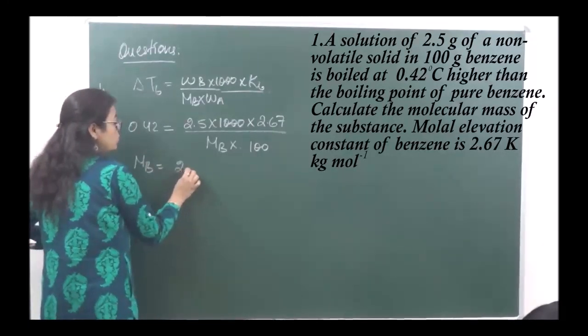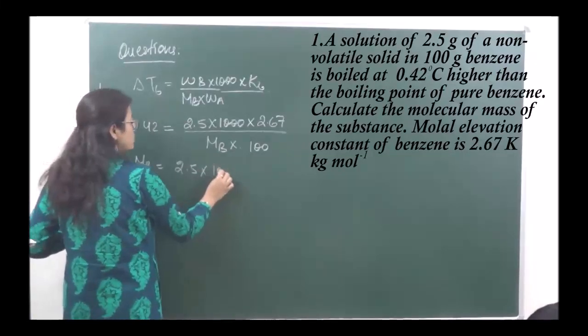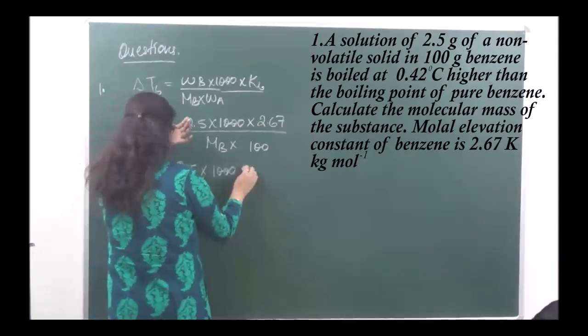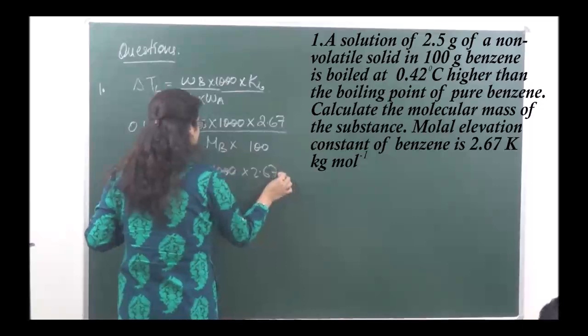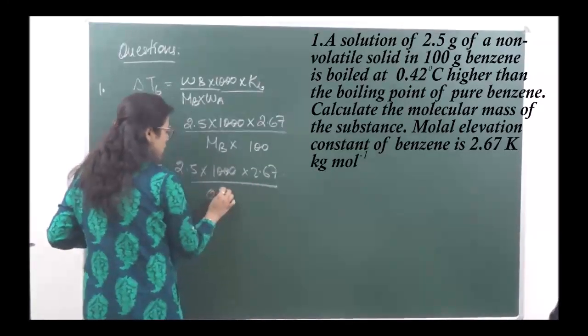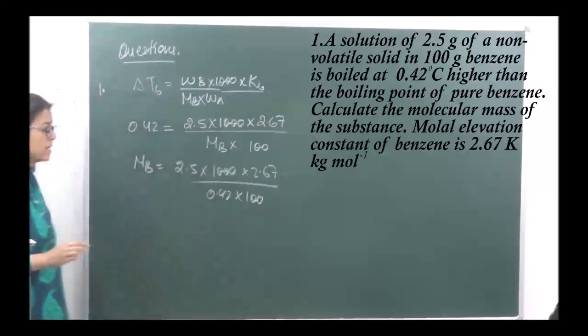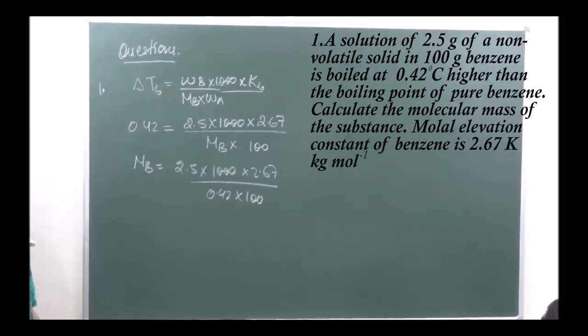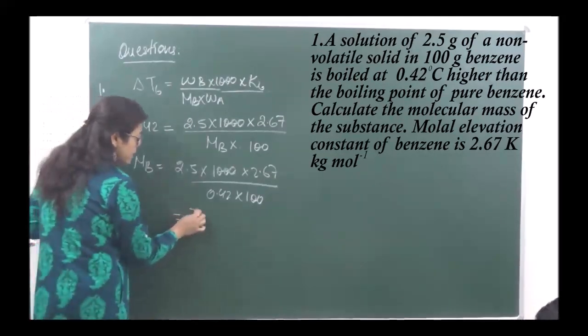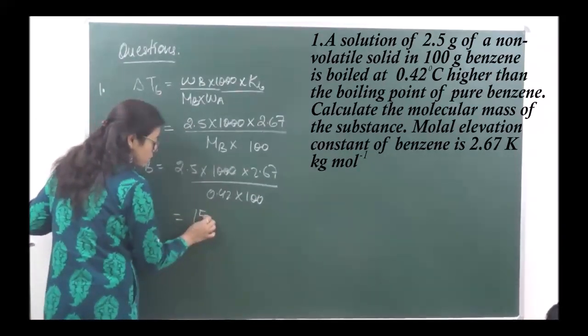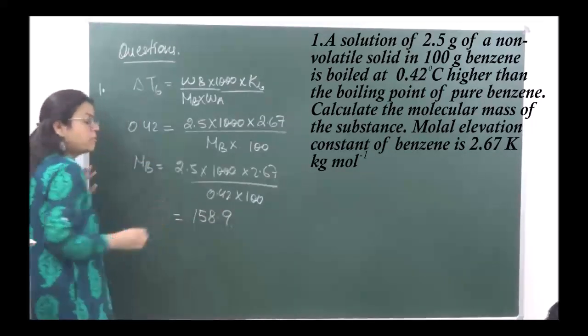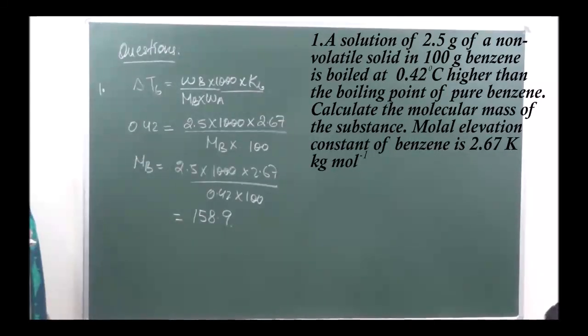Mb will be equal to 2.5 into 1000 into 2.67 upon 0.42 into 100, right? So when we calculate this, Mb comes to 158.9. So this was an easy question in which you only have to put in the formula.